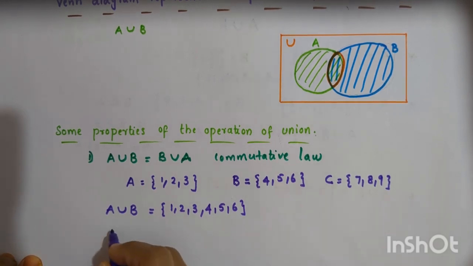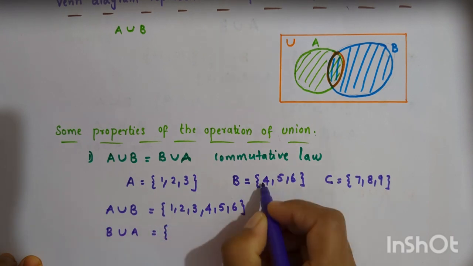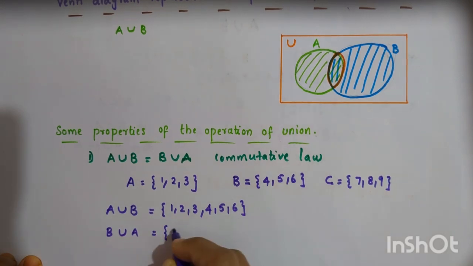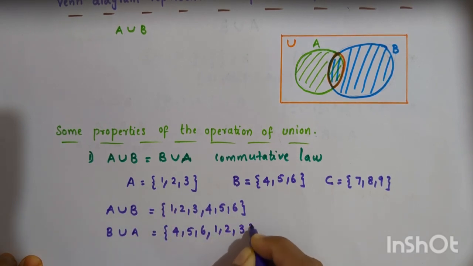Now let us write B union A. We have to write all the elements in set B, so 4, 5, 6. We have to write all the elements of A, so 1, 2, 3.